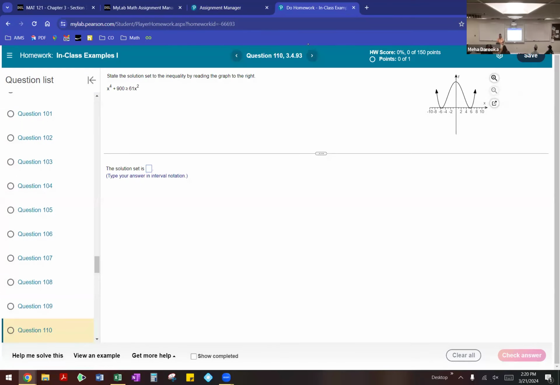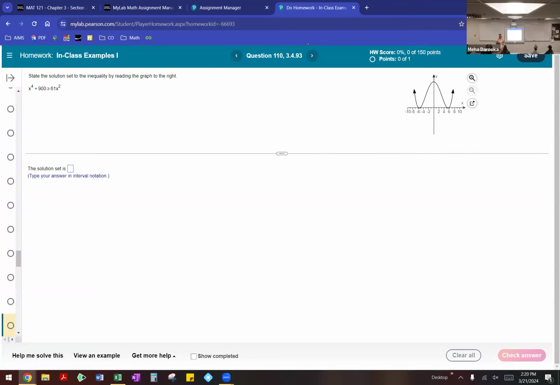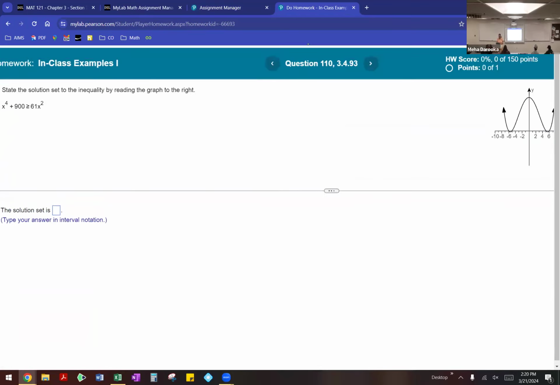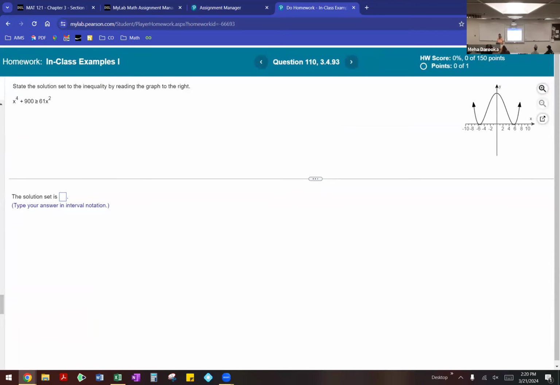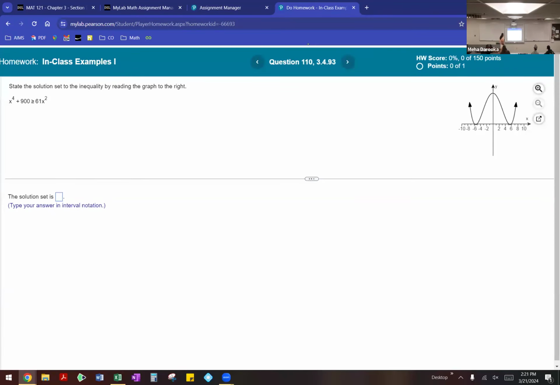Okay, so it's kind of very similar to the example we had from the textbook. So you can see it's asking us to state the solution of the inequality by reading the graph.